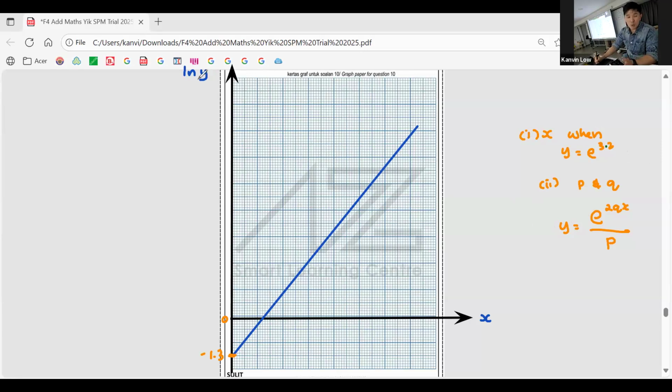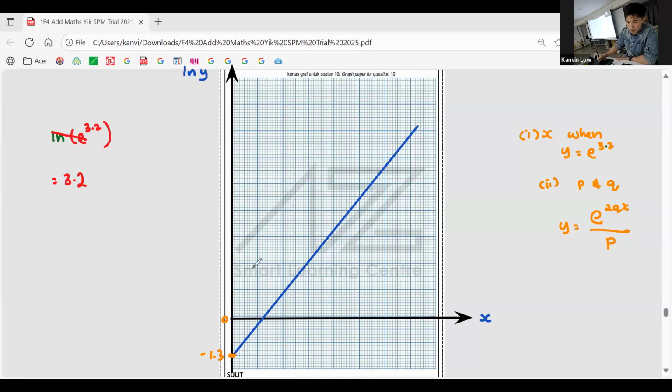But guys, do you have any y here? No, so you have only ln y. So guys, ln y, you change it to become 3.2. Do you get what I mean? Everyone pay attention. ln and e are opposites, so when the ln and the e are put together, you can just cancel off and it is equal to 3.2.